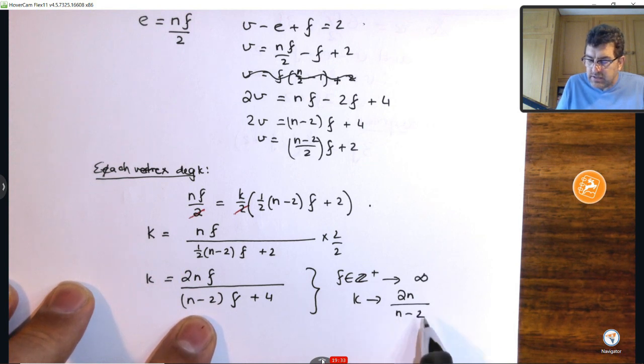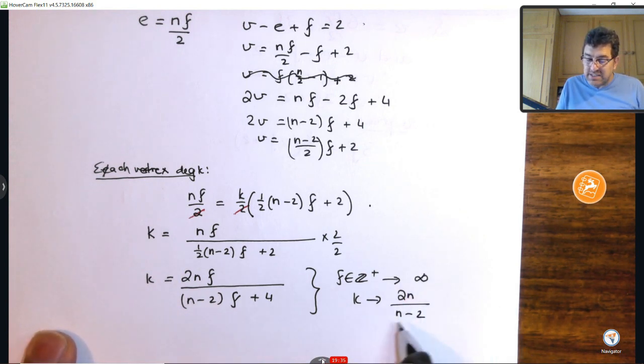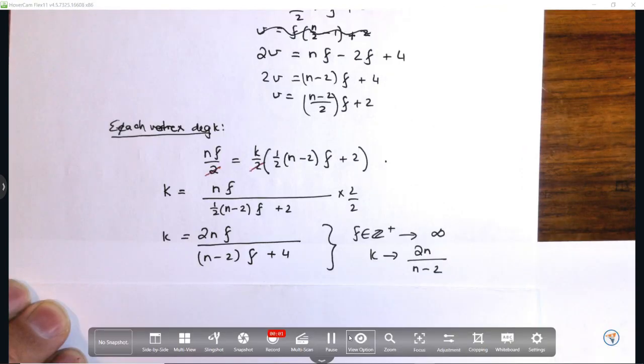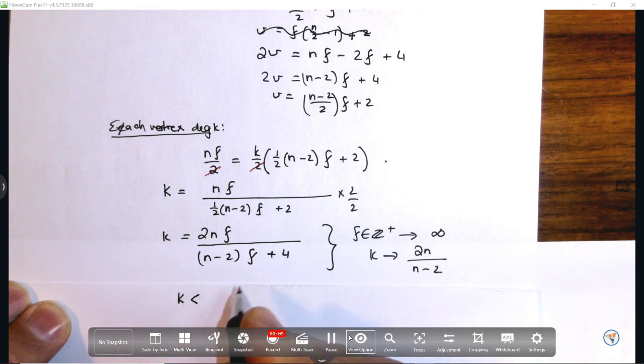So what does it mean? It means k must be less than that. So again, f approaches a very large integer value, k has to be smaller than 2n over n minus 2. Now, if we let n equal 6, it would mean the following.